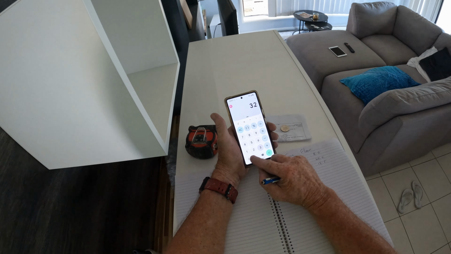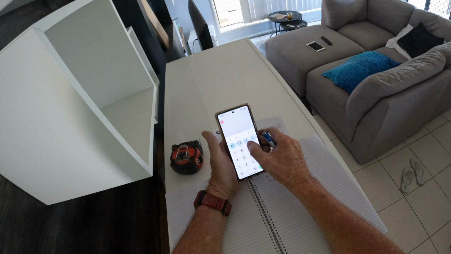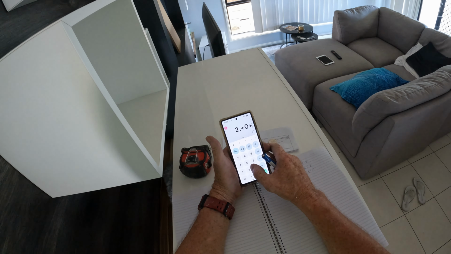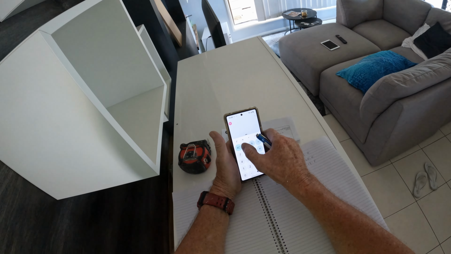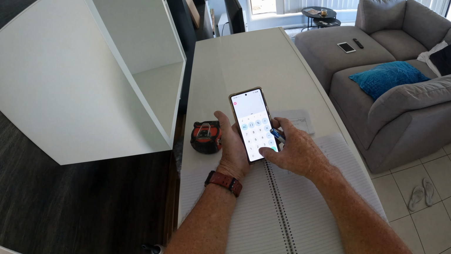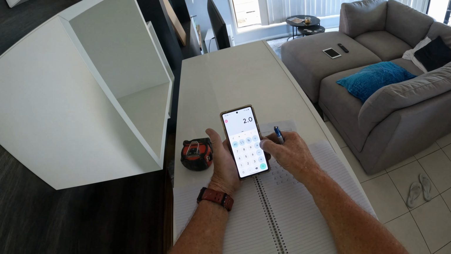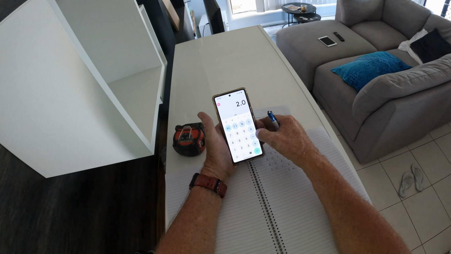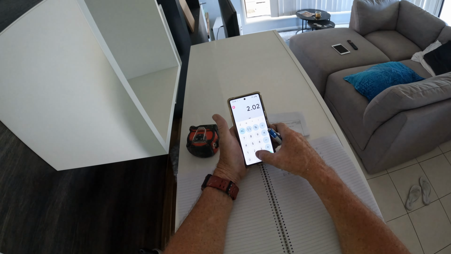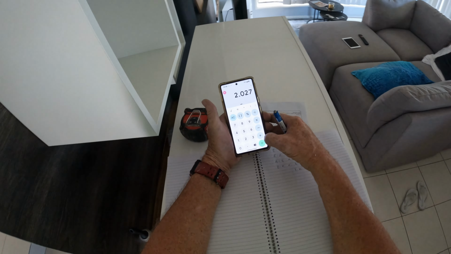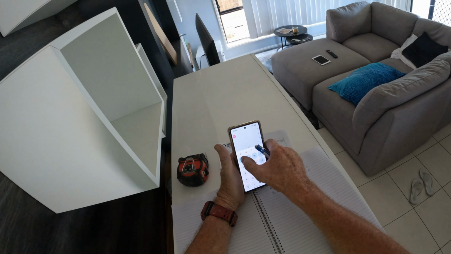And what have we got? 2.0 times 2.7 equals, now my calculator, what the hell is going on?